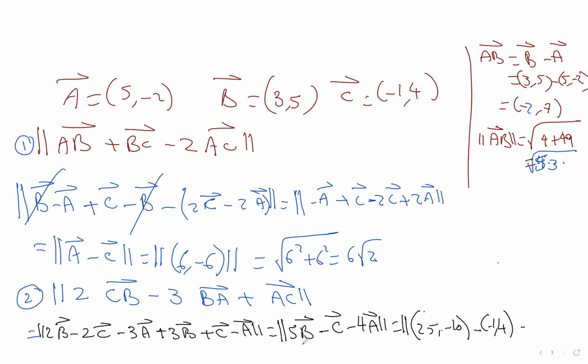We said first 5B, right? 5B is (15, 25), minus C (negative 1, 4), minus 4A which is (20, negative 8), and add them to find it. Okay. Now I'm done, thank God. Okay, tomorrow God willing we will continue the revision.